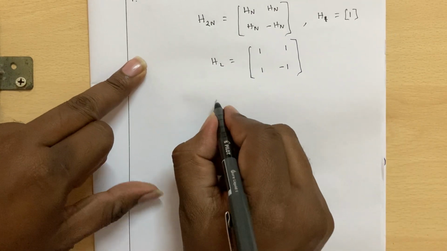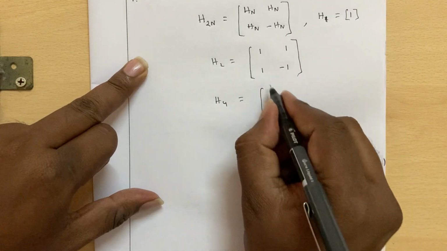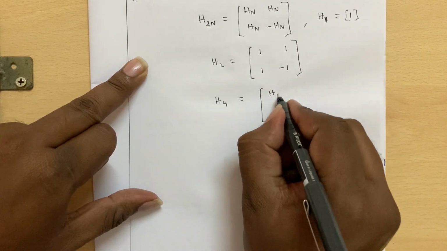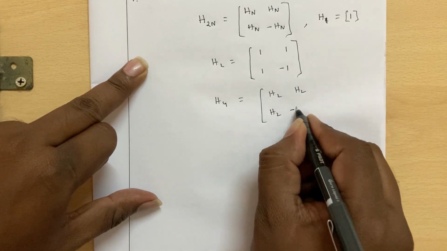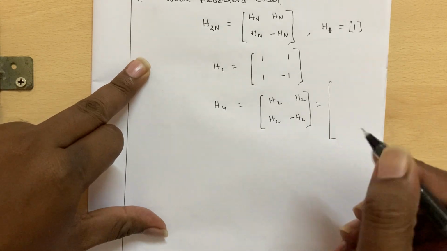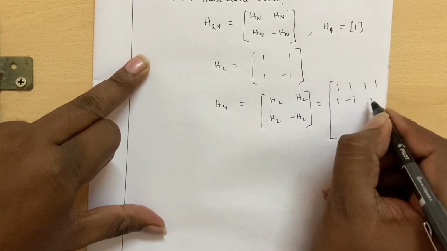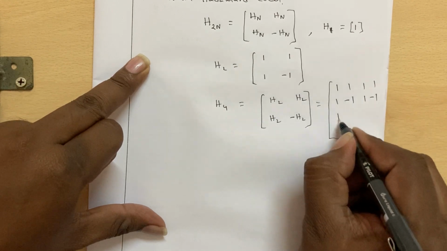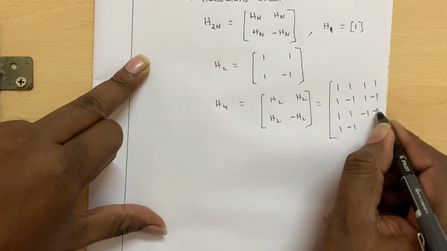You can also find H4 from here. H4 is equal to H2, H2 and H2, minus H2. So this will be a 4 by 4 matrix. This is H2 and this is also H2, and this is H2 and this is minus H2.